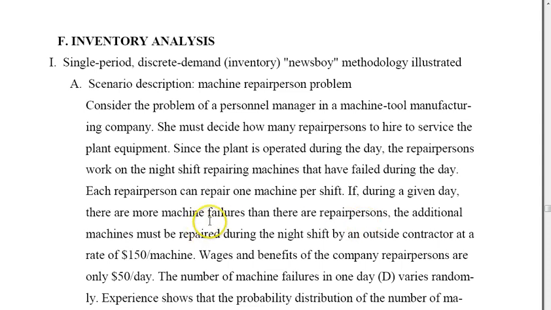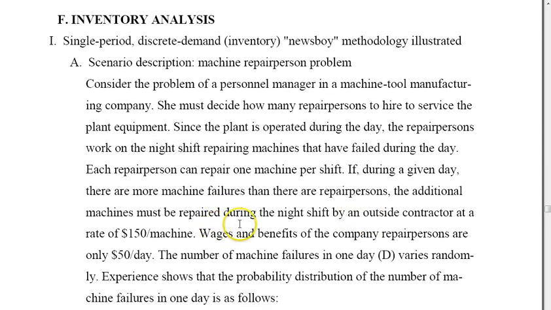So if for a given day there are more machine failures than there are repair persons, the additional machines must be repaired during the night shift by an outside contractor at a cost of $150 per machine, while the permanent hires can cost only $50 per day.